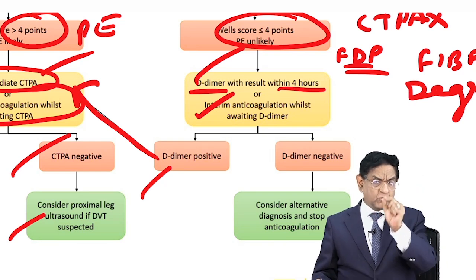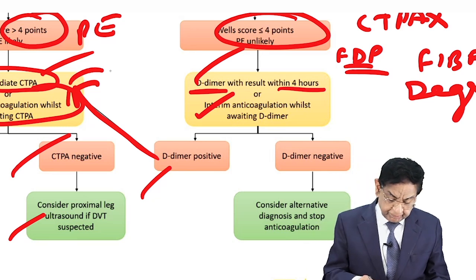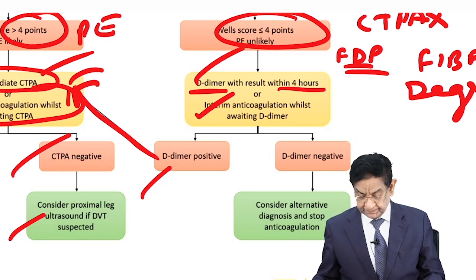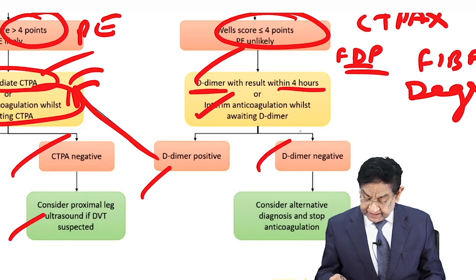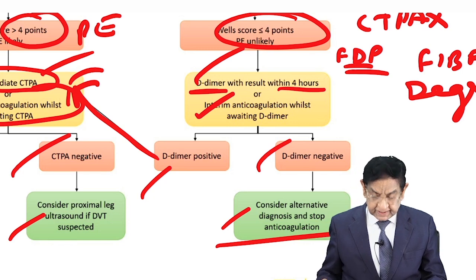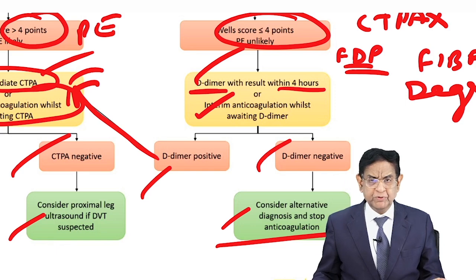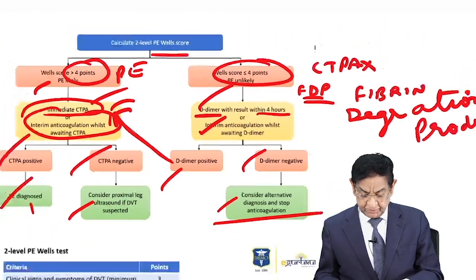Even if the Wells score is 4 or less than 4, but D-dimer is positive, then you plan for the CTPA. And if the test is negative, then alternate diagnosis, and then you can stop anticoagulation. It's a beautiful summary, okay, beautiful summary.